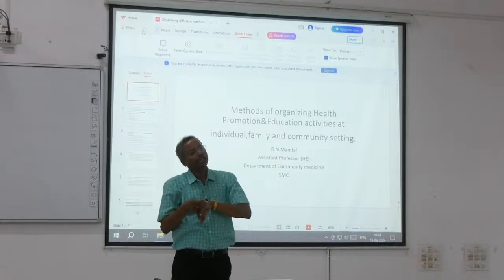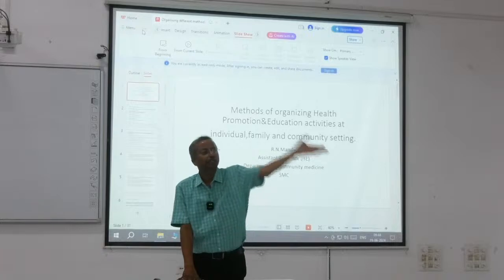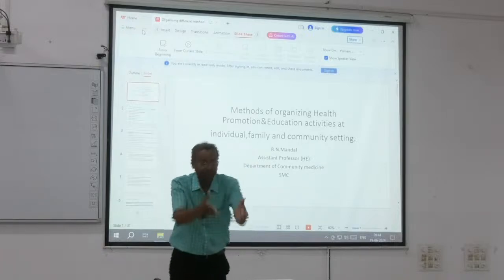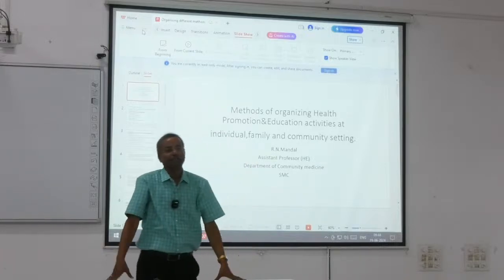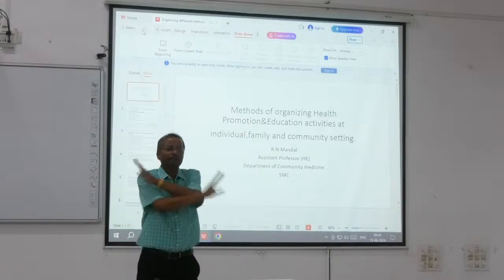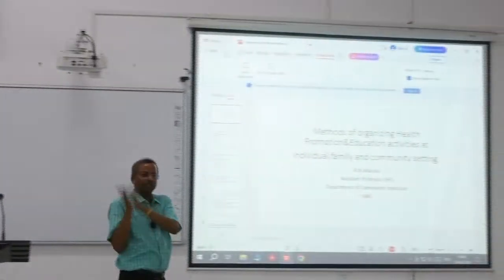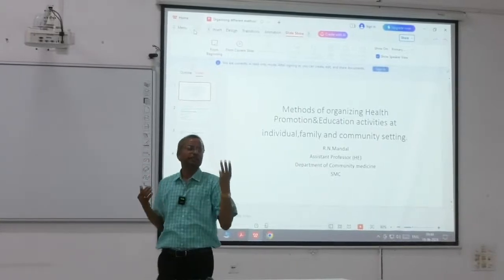So along with the mass meeting, we usually conduct the exhibitions also. First the exhibition, people go through the exhibition, sit together, then conduct the mass meeting. Clear? So only, nothing but, you have to remember this: the methods, individual methods, group methods, mass methods, and 3 things you have to remember.